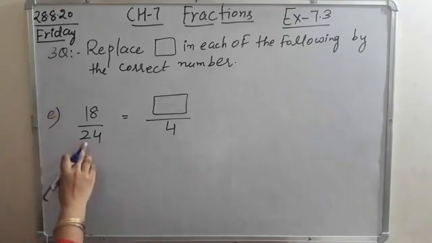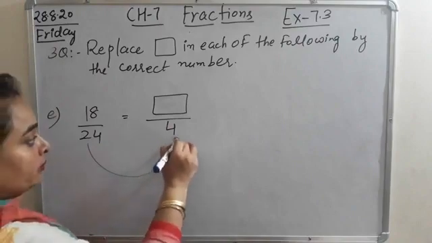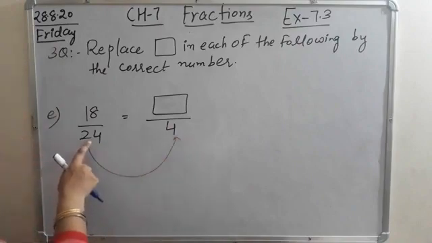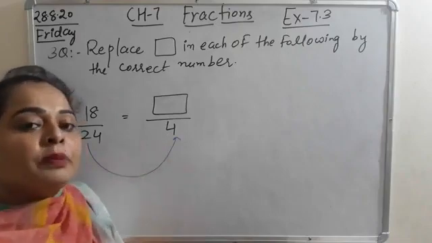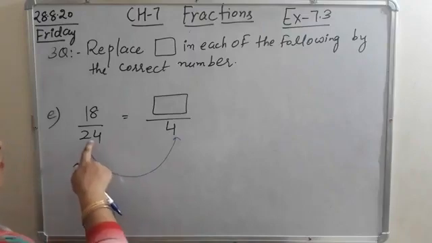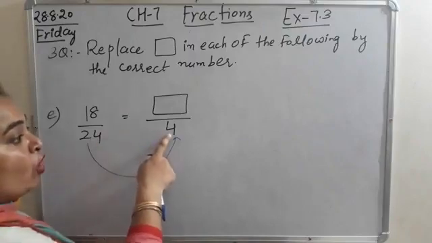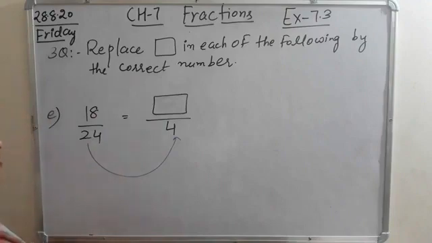Now 24 has become 4. How does 24 become 4? By division. Now 24 has become 4 with the help of division, not with multiplication.